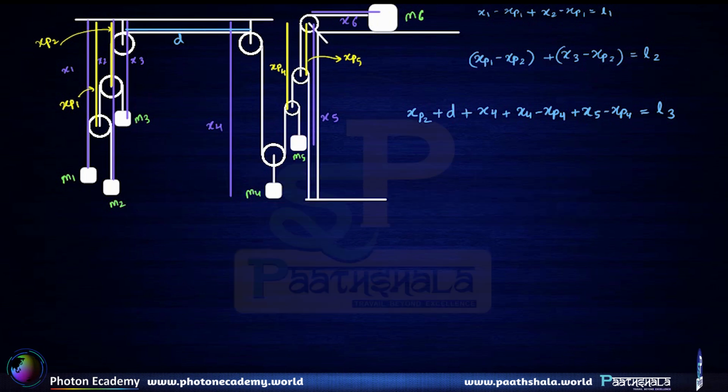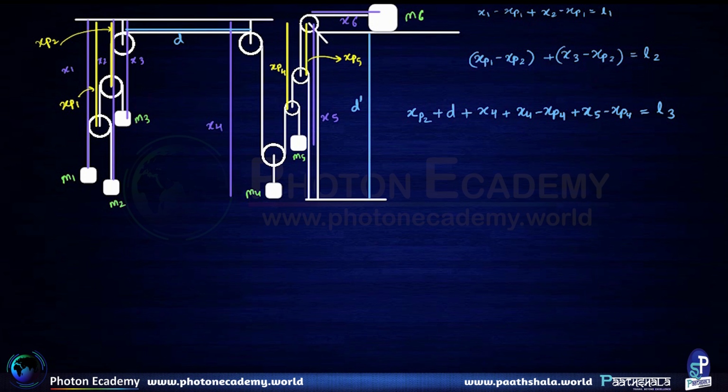Okay, now let us say we take the distance between these two rigid supports as d dash. Let's say this distance is d dash. Why do we need this distance?